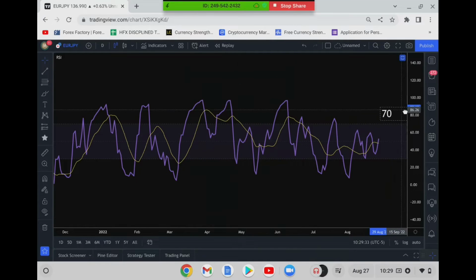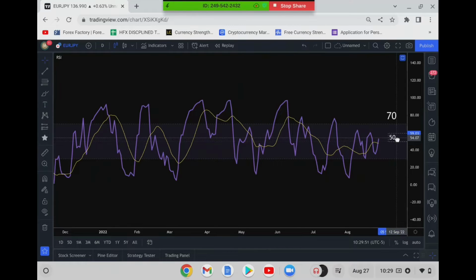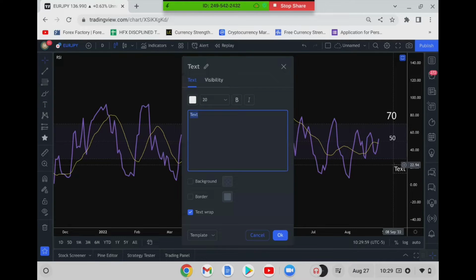So our top line, this is going to be our value of 70. And then we have our middle line here, which is our 50. Now this one I'm going to make a little bit smaller. Let's make that one back 20. All right. And then for our bottom level, this is going to be our 30.